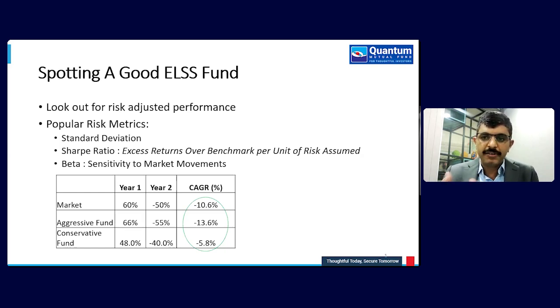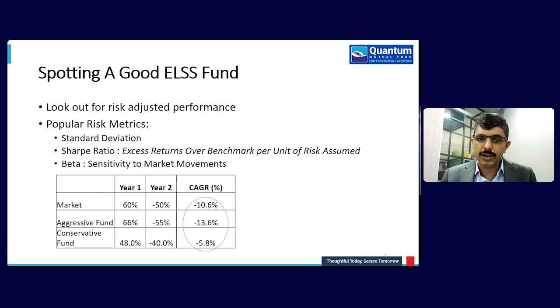The other popular metric which you can use is the market beta, or the fund's beta relative to the index. If your fund has a beta of more than 1, it means that when the stock market moves up, the fund tends to capture more than what the index performs.